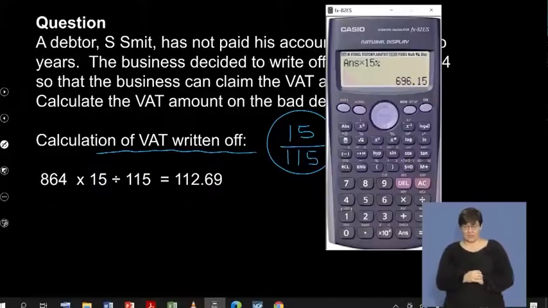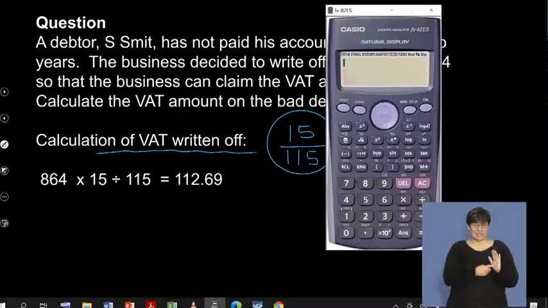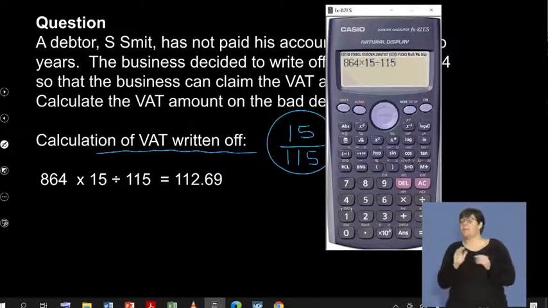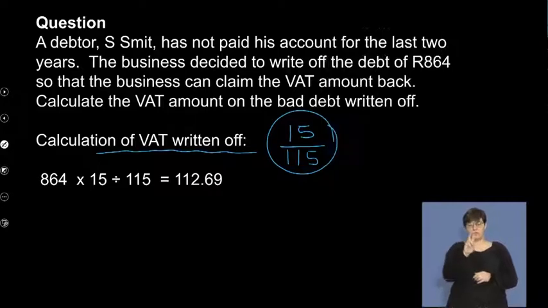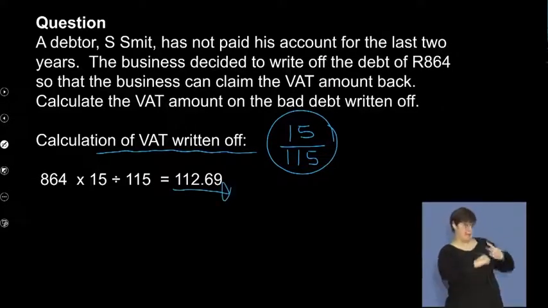Let's do the example. The amount of the debt is 864, so it's 864 times 15 divided by 115. And the amount is, clearly you can see, 112.69. Don't concern yourself with rounding off. We'll accept 112.69 as the amount that we can claim back from SARS.